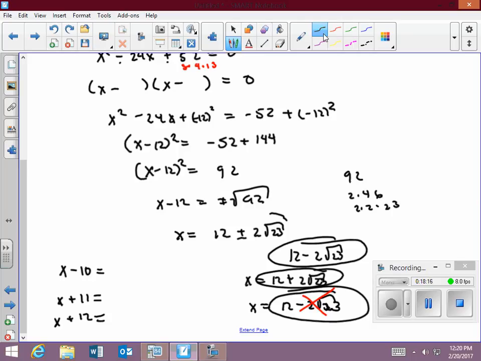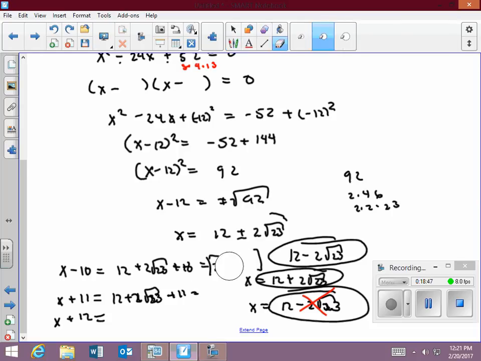So then it's going to be this one. So we go 12 plus 2 square root of 23 plus 10, which is 22 plus 2 square root of 23. That'd be 1. Then it'd be 12 plus 2 square root of 23 plus 11. Nice. I think that first one I did wrong because that was minus, this is plus.